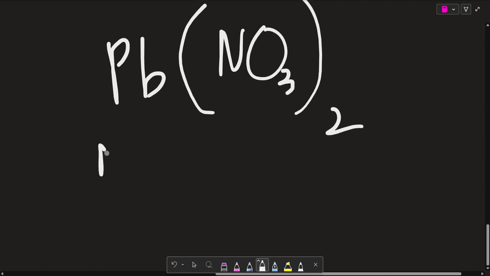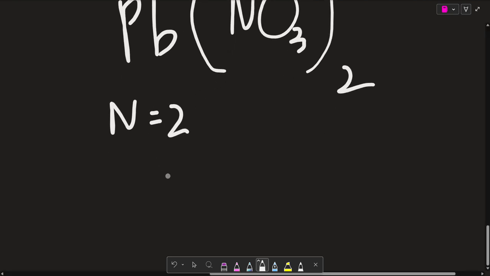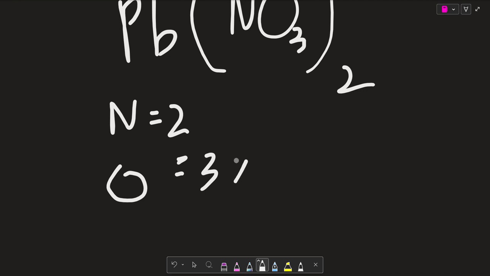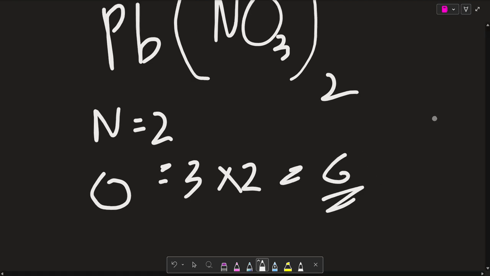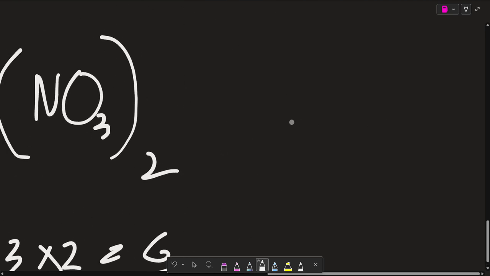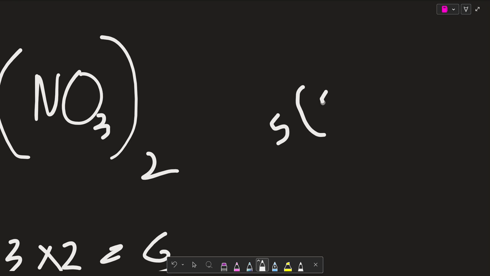So the molecular mass of nitrogen is 2. But the molecular mass of oxygen is 3 times 2. That'll give you 6. An easy way to keep this in mind is that mathematically we have 5 parentheses. 5 means 5 multiplied by 5, right?